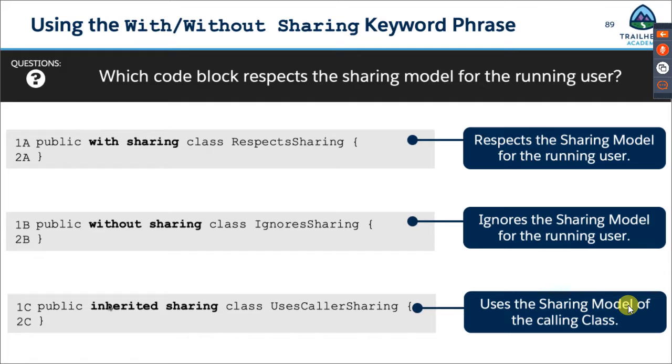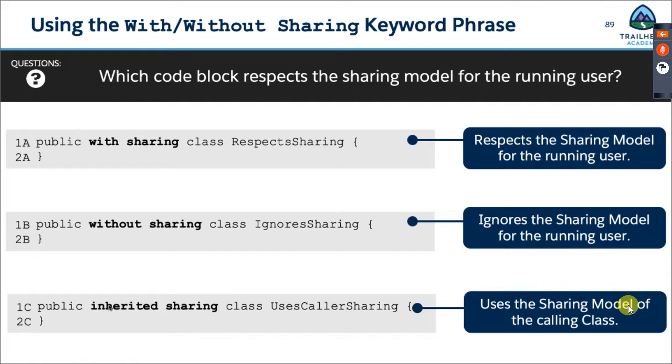Apex, by default, will run in what is called system mode, which means it will ignore any restrictions on the object access. It will ignore any restrictions on the field level access. And you control if you want to ignore or respect the sharing access.